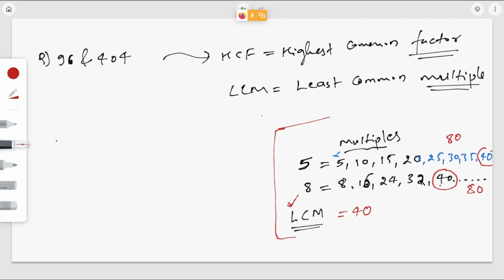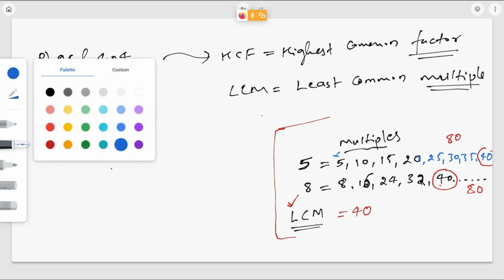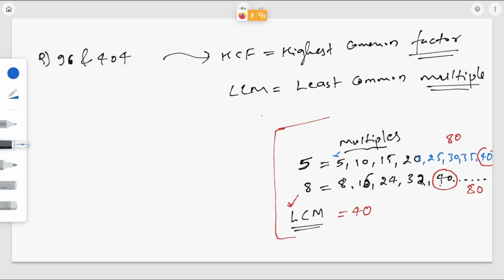So what are the factors of 96? First copy this one. Make a note.